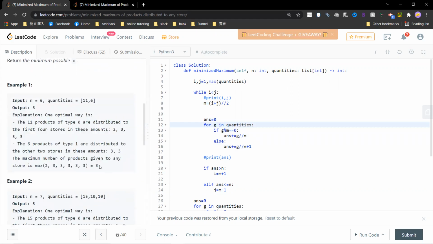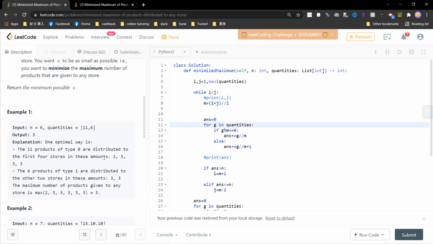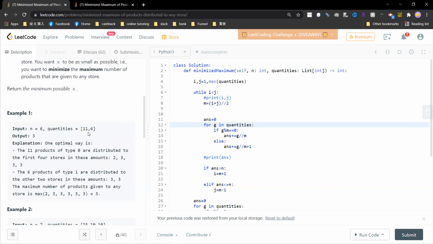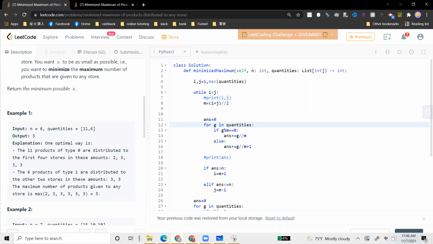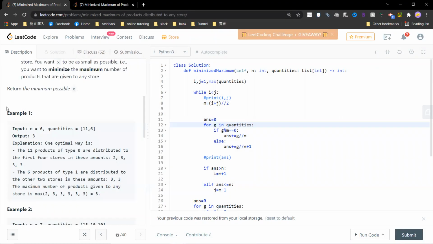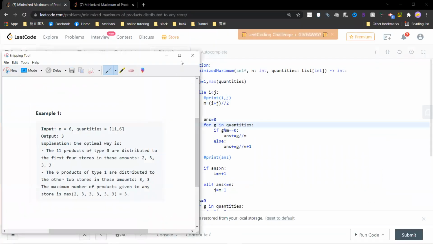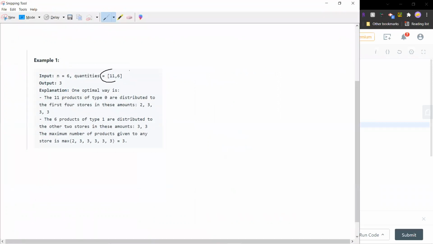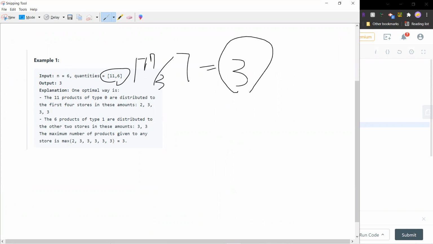At the beginning, I didn't know how to solve this. My idea is to first use the pigeonhole principle. My initial guess is that the total is 17, and you divide by n, take the ceiling, and now you get 3. Then you just check whether 3 is the answer.